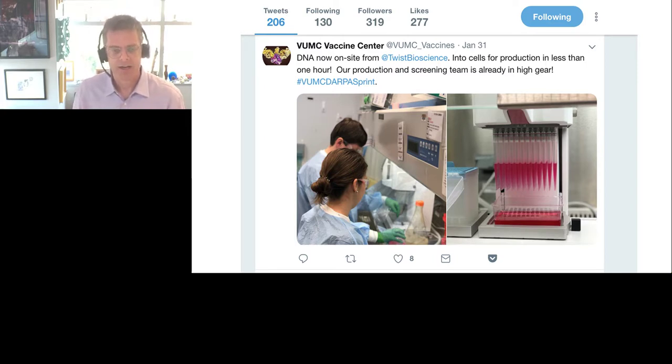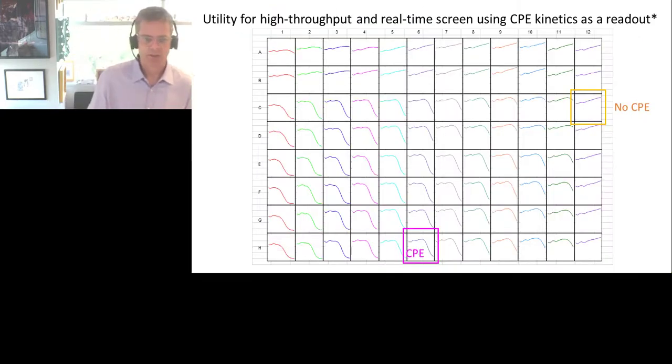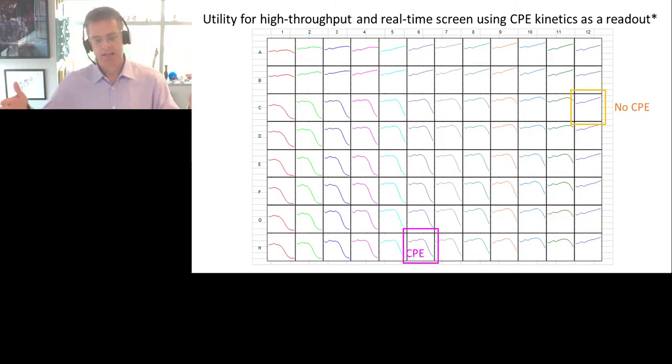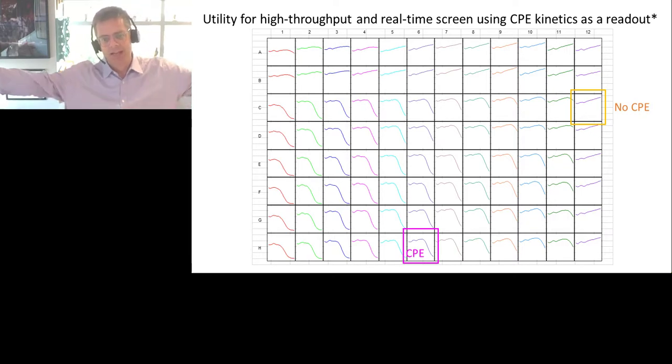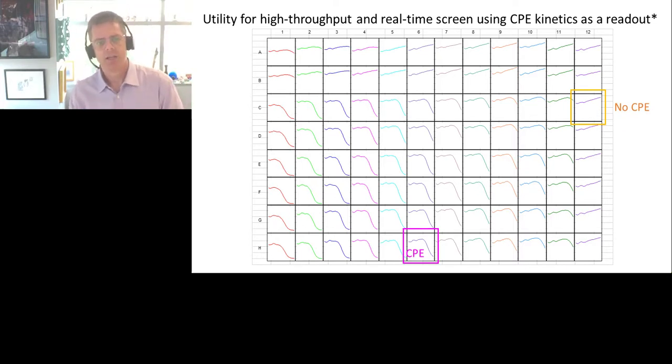Now, Pavlo Gilchuk and our group worked out a new method for testing neutralization. Most neutralization tests take about 5 days, and we couldn't wait that long. In a 60 to 90 day sprint, you can't spend 5 days just doing your primary screen. So he and others in our lab developed a cytopathic effect kinetic reading using a device called xCELLigence, sold by ACEA.